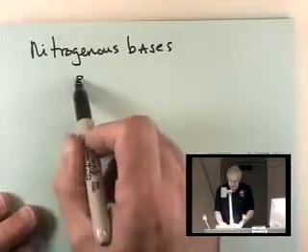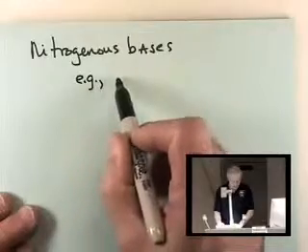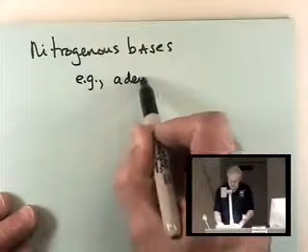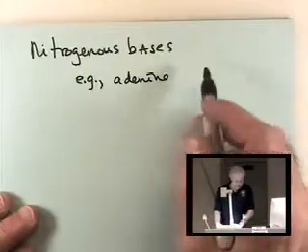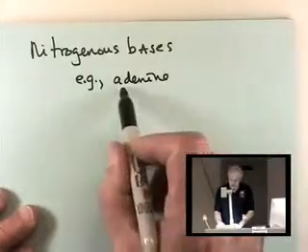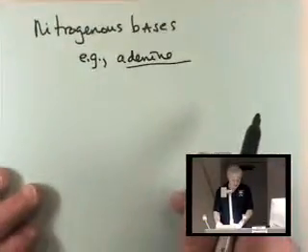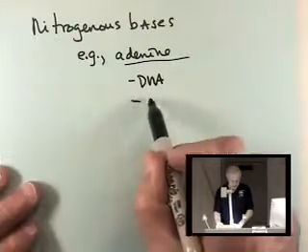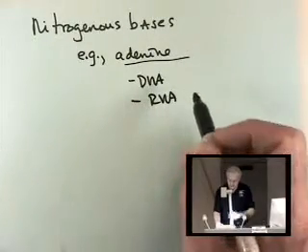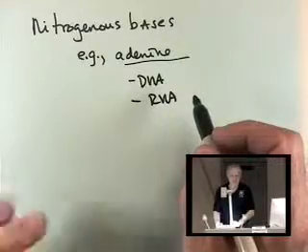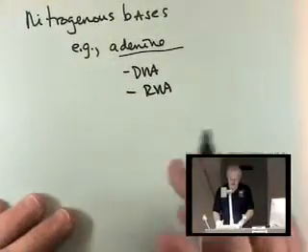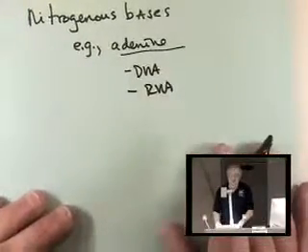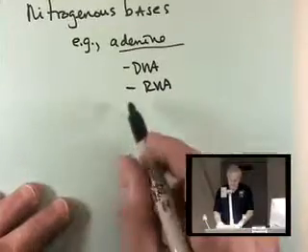Well, let's take an example of a nitrogenous base. What about adenine? So where might we find adenine? Definitely DNA, definitely RNA. Any place else we use the A when we talked about nitrogenous bases?